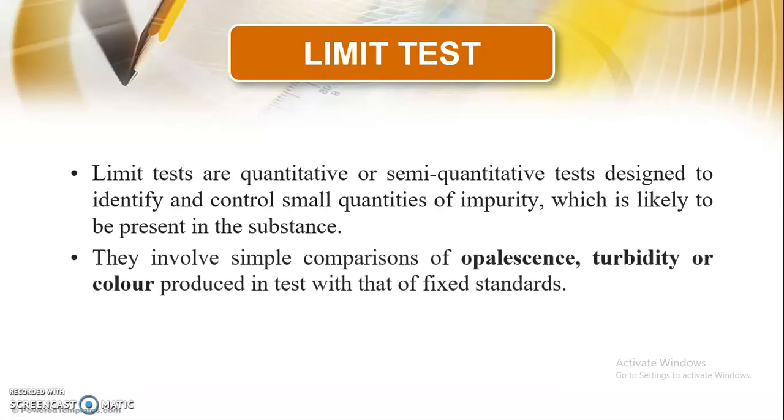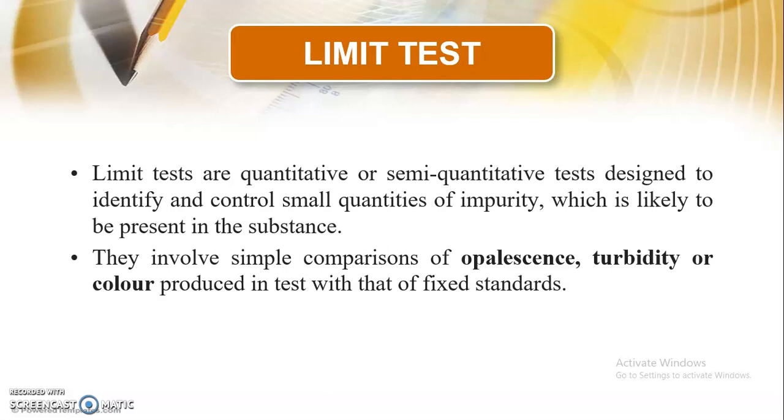Every limit test involves a simple comparison of the opalescence, turbidity or color produced in two different samples. One is the test sample and the other is the standard sample.